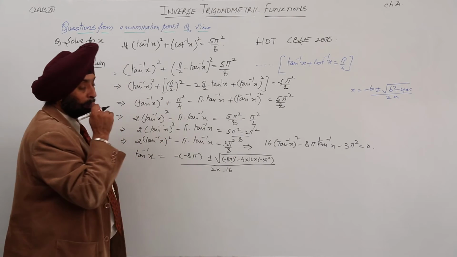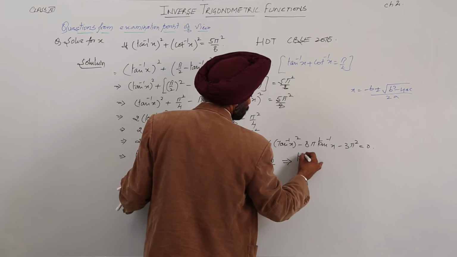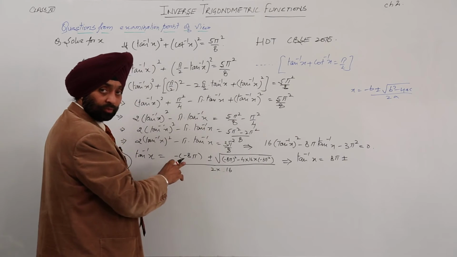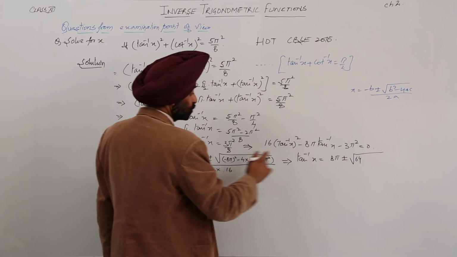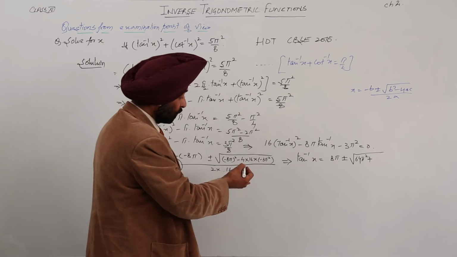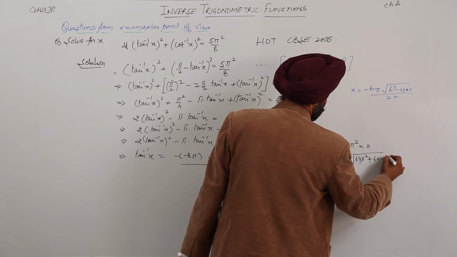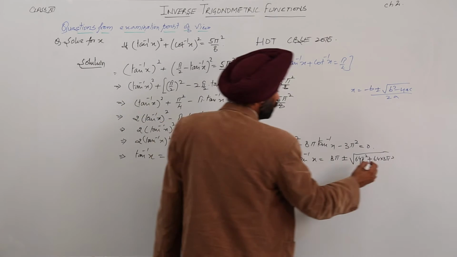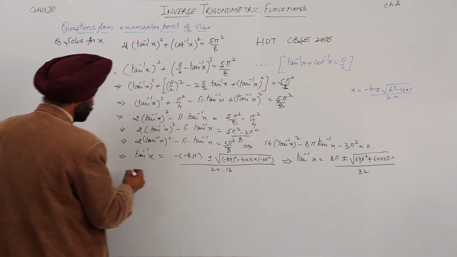So basically this becomes tan inverse x is equal to 8 pi plus minus, under the root 64 pi square plus, minus into minus is plus, 16 fours are 64 and 64 times 3 pi square, upon 16 twos are 32.